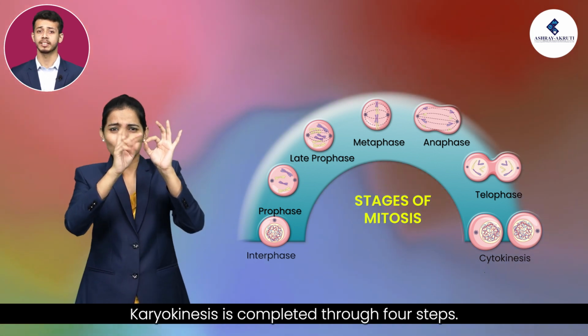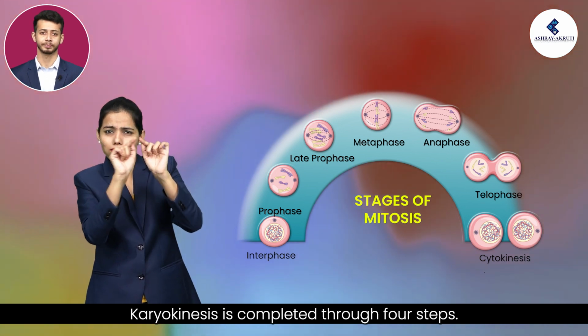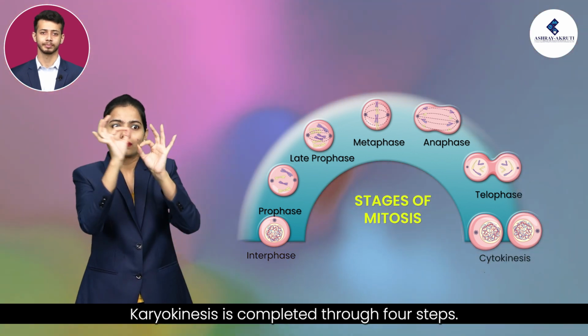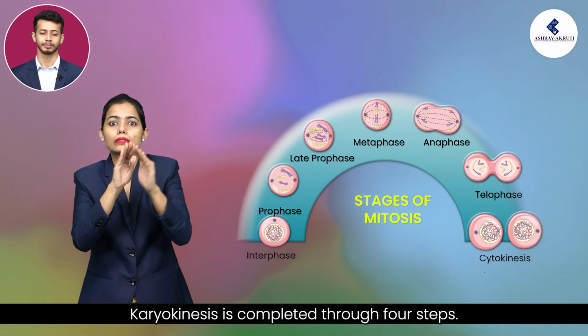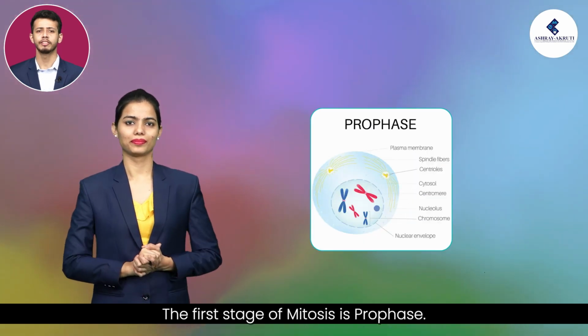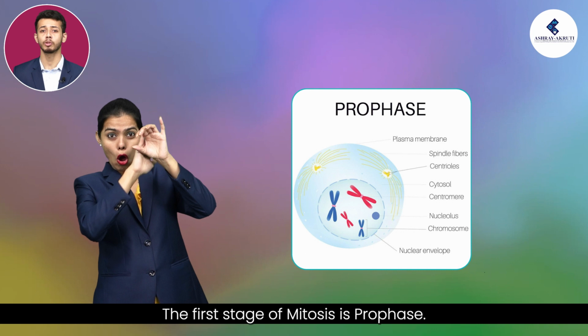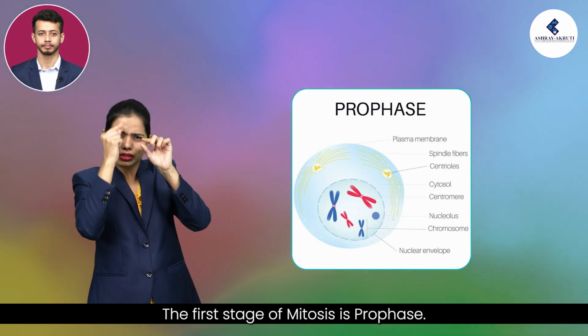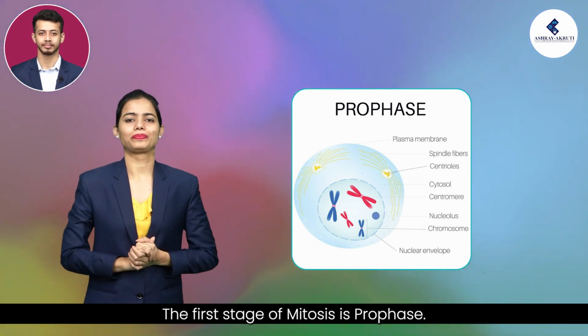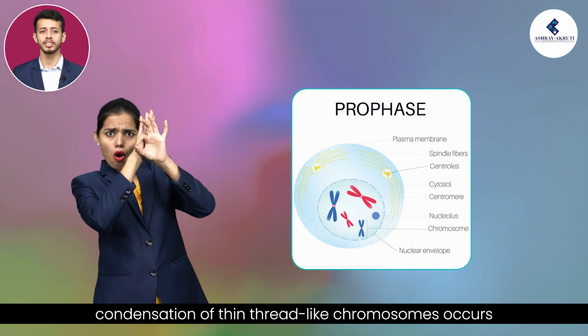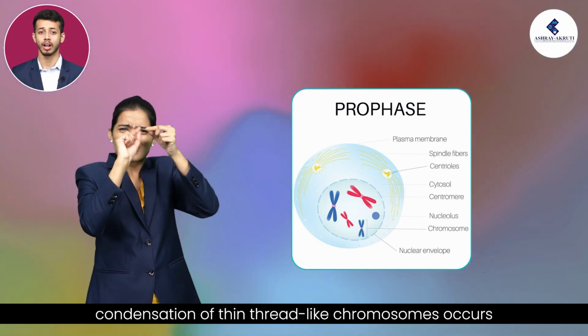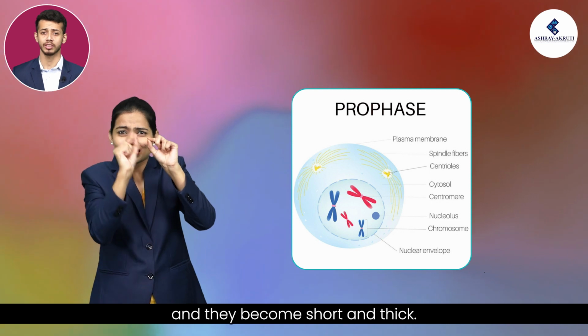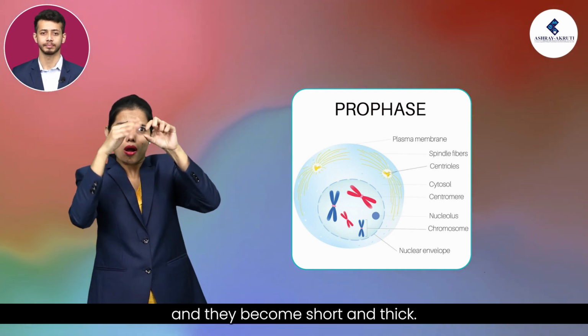Karyokinesis is completed through four steps. The first stage of mitosis is prophase. In prophase, condensation of thin thread-like chromosomes occurs and they become short and thick.